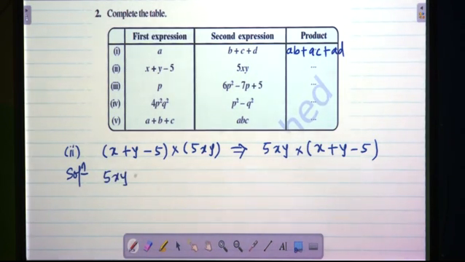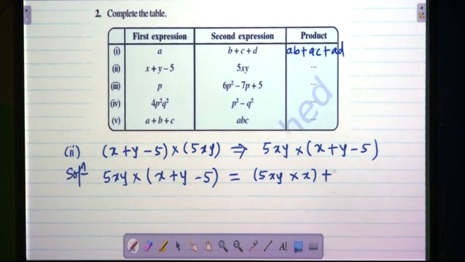5xy into, sorry, x plus y minus 5 is equal to expression 5xy, we are multiplying with the first term x.